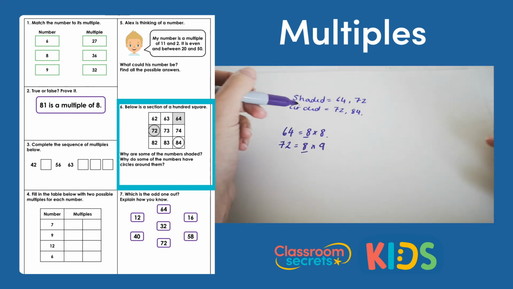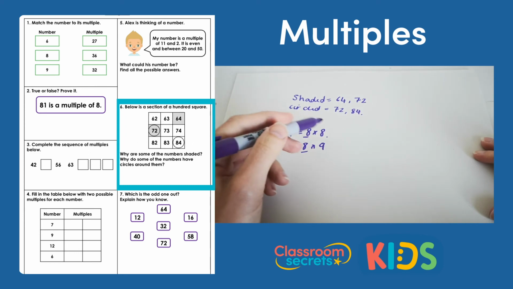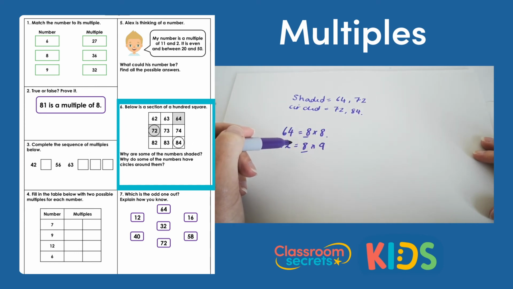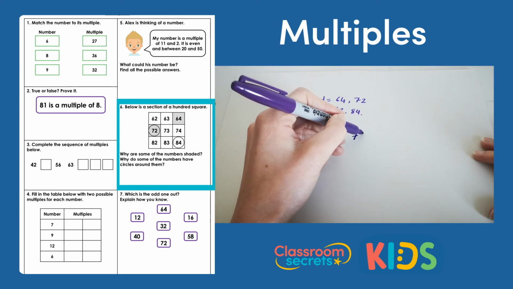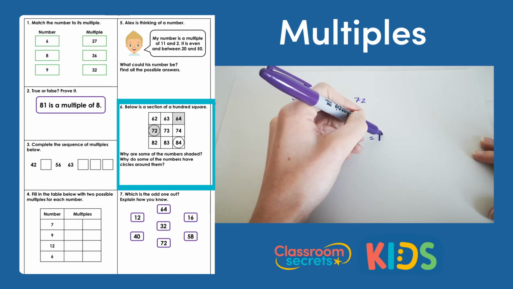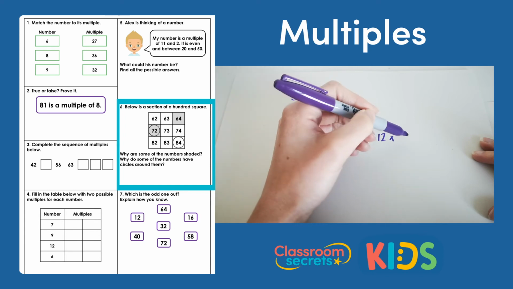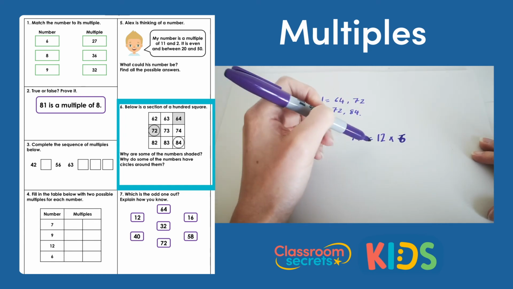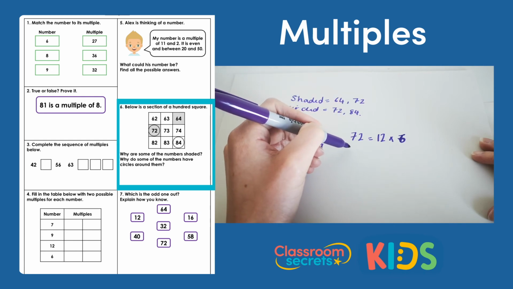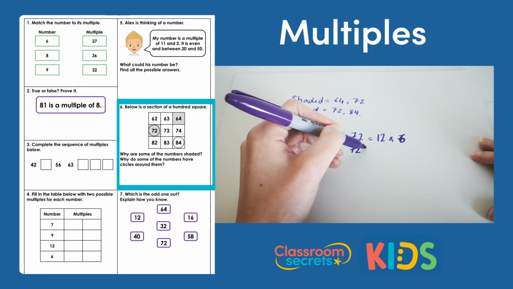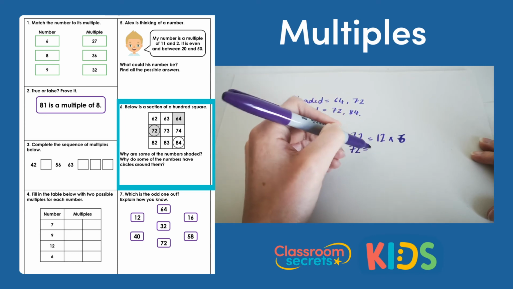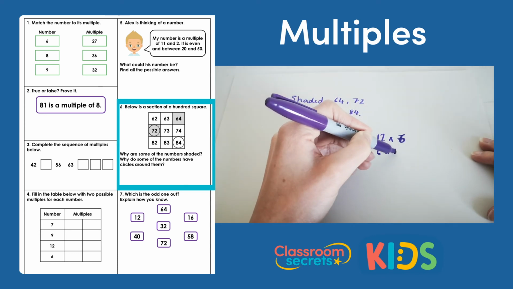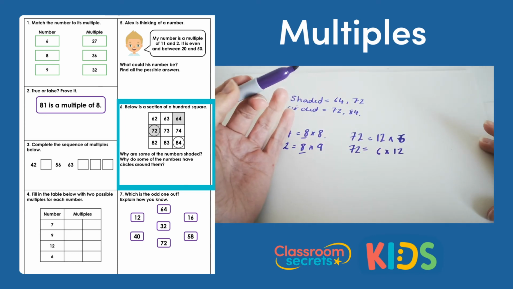The circled numbers then, 72 and 84, what do they have in common? Well, 72 is 12 times 6. So 72 is a multiple of 12. 72 is also a multiple of 6 because 6 times 12 makes 72 as well.